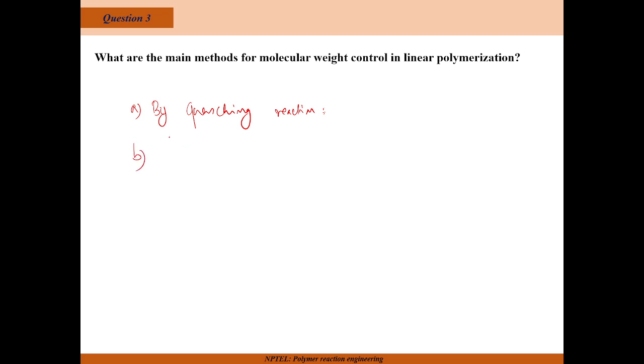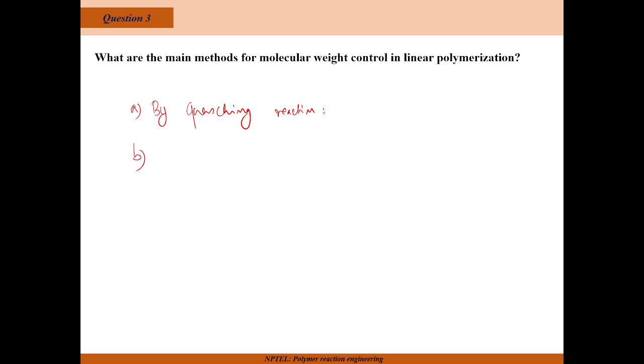The second method for controlling the reaction is by increasing the quantity of one reactant over another. What happens is that one of the reactants gets completely utilized, and the other one, which is in surplus, would act as a chain stopper for the reaction. It will just come and join at the end, and thereby we can control the reaction.